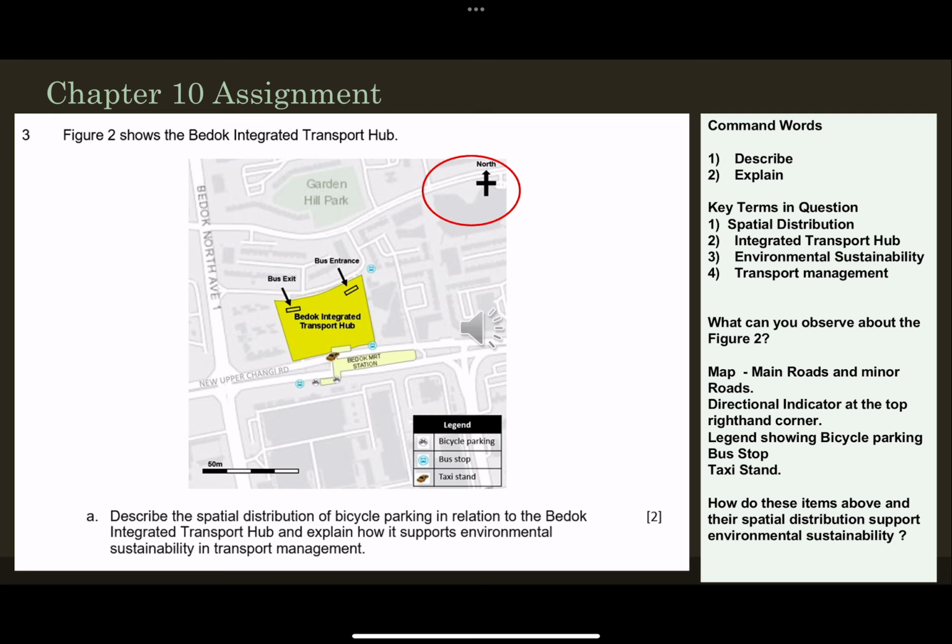What is the motivation they are giving to the transport service users, to encourage them to move on to a more environmentally sustainable mode of transport? In this case, I hope you know that bicycle use is a form of environmentally sustainable mode of transport.